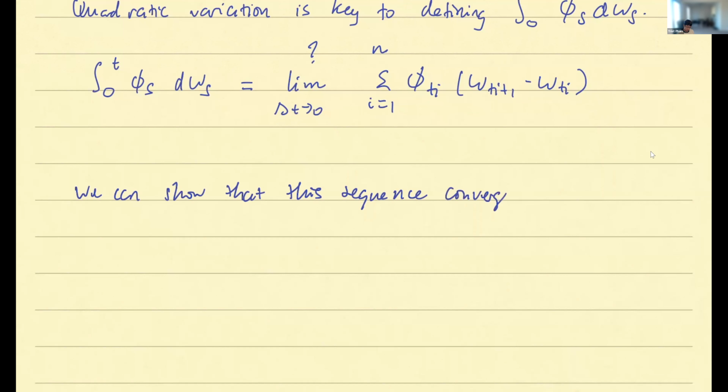converges in the mean square sense. All right.